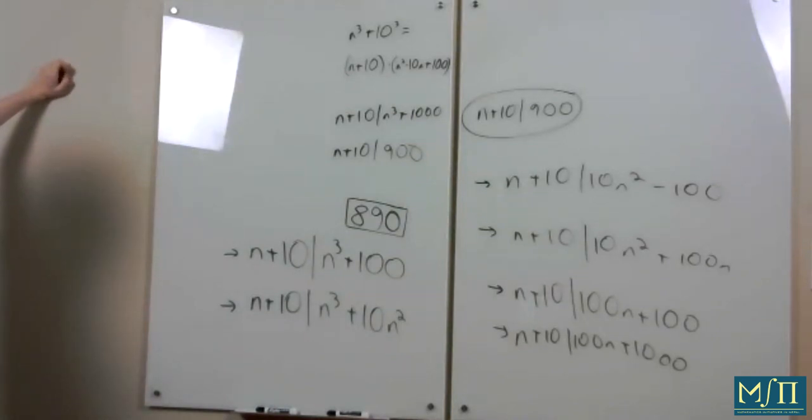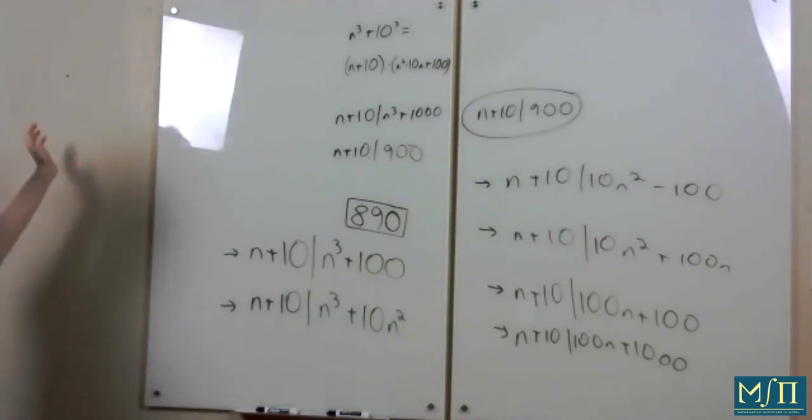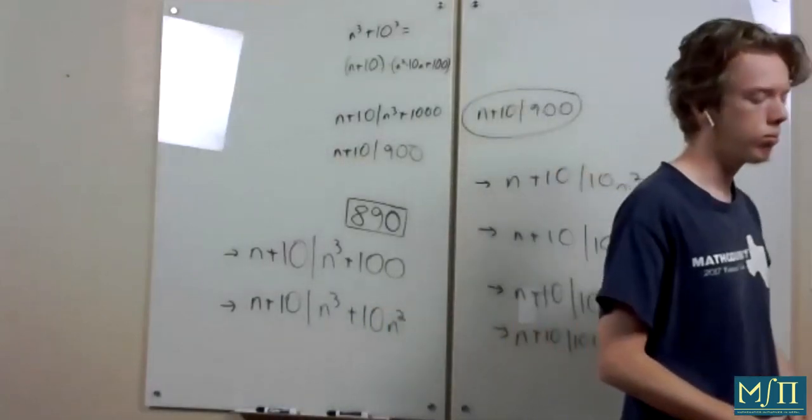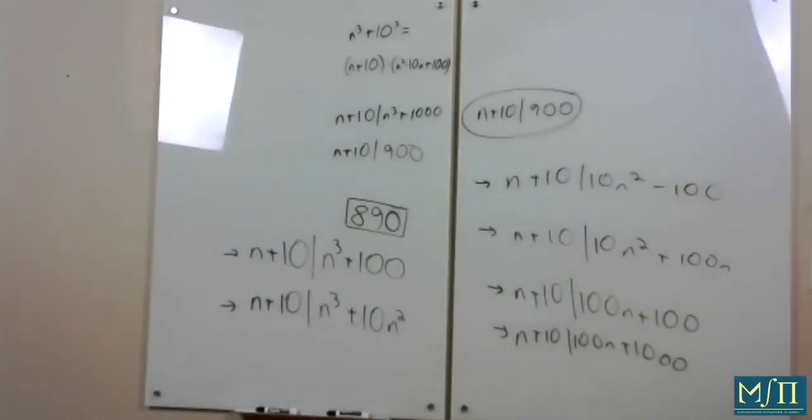But this does tell you that there is a lot of connectivity between the different branches of math. You can think about this as a fact about polynomials, but again, I don't want to get into that too much right now. Any questions? If not, we'll move on to the harder problems.